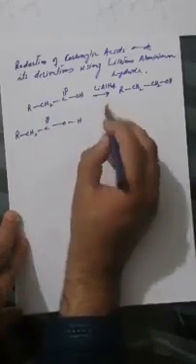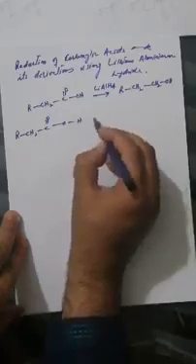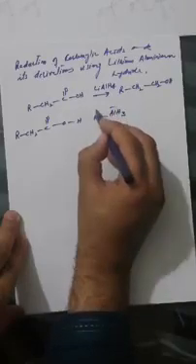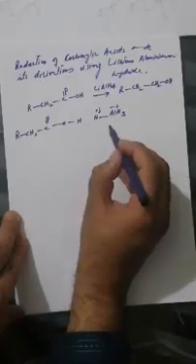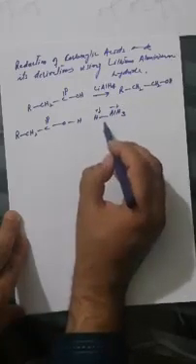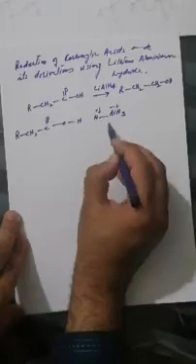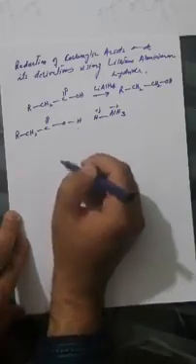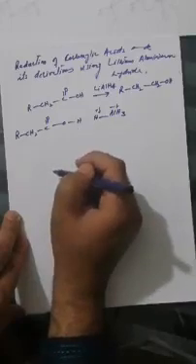Actually, during this reduction, what happens, we know that the lithium aluminium hydride is a good source of hydride ion. And the carboxylic groups, they are the source of hydrogen ion because they are acids.